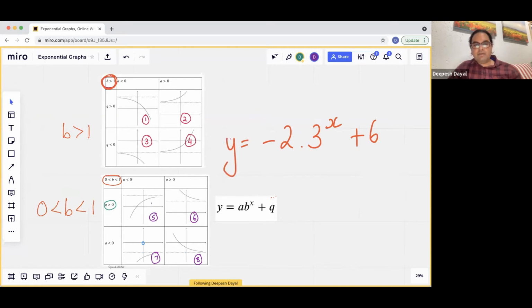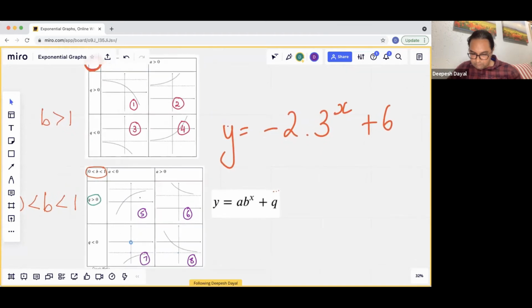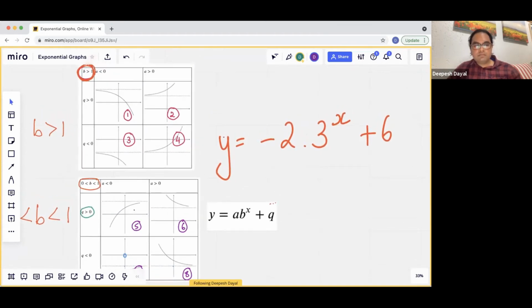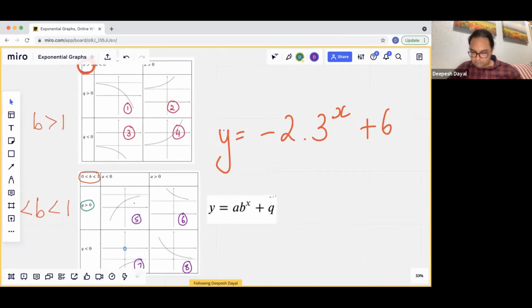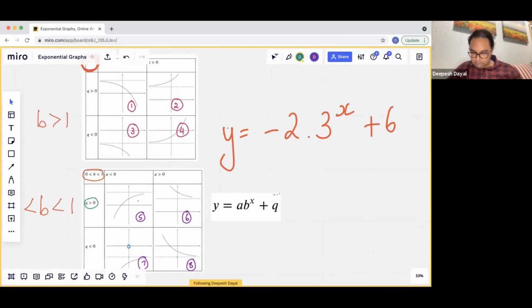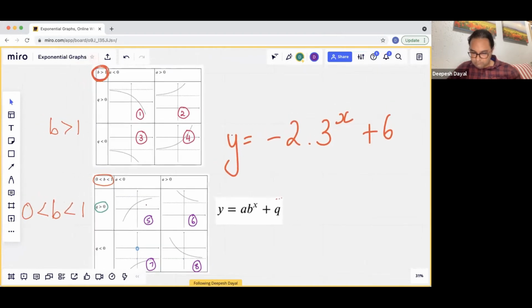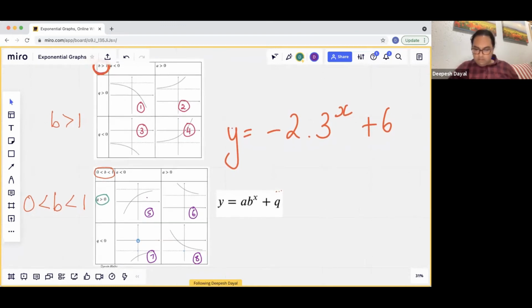How will this graph look? Which one will it be? Yeah, more of you can let me know.